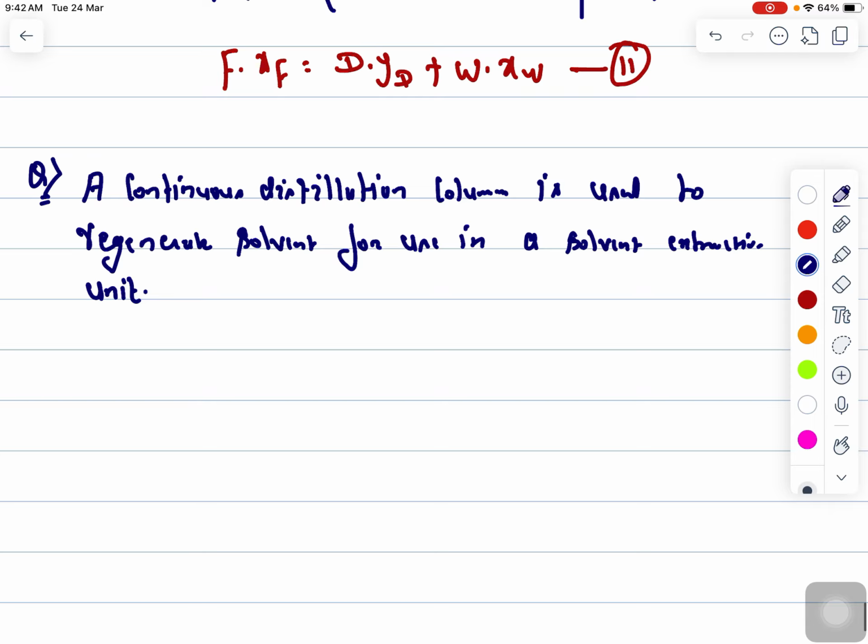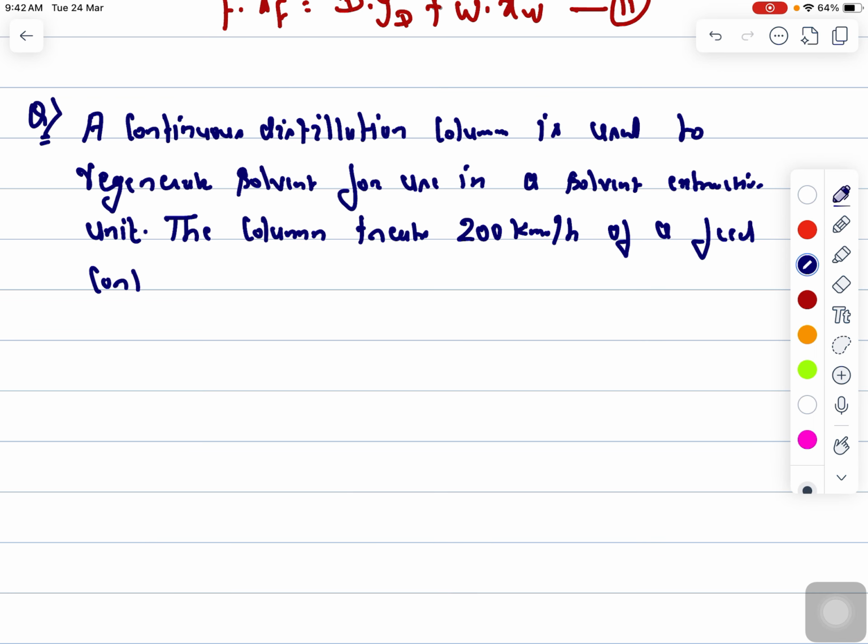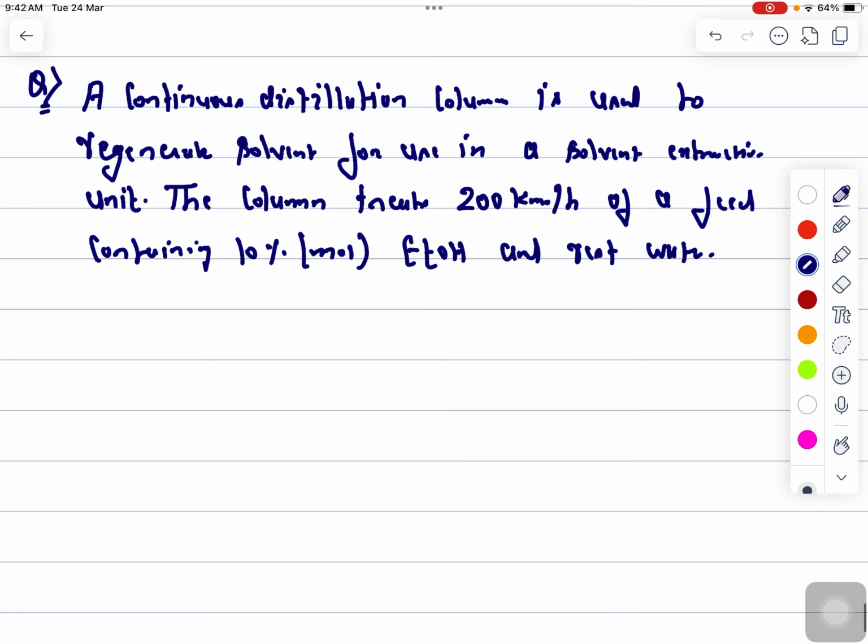The column treats 200 kilomole per hour of a feed containing 10% by mole ethyl alcohol, and the rest water.